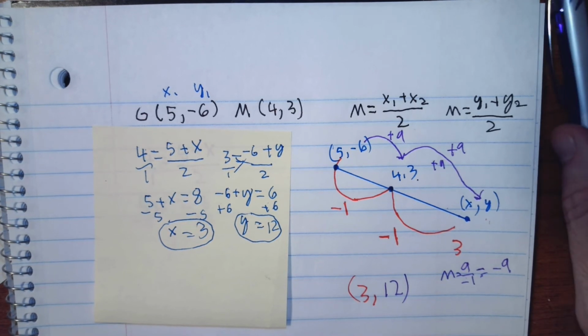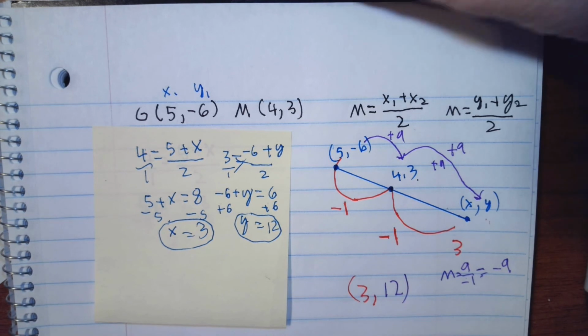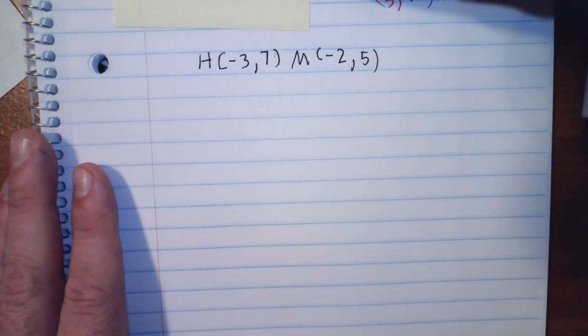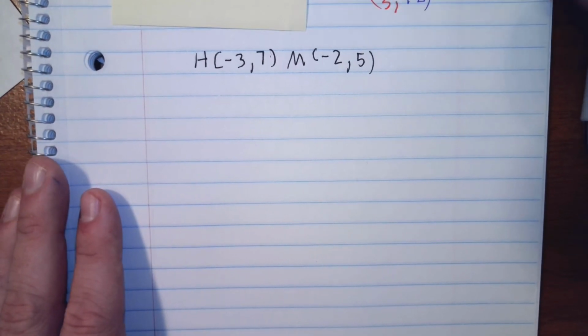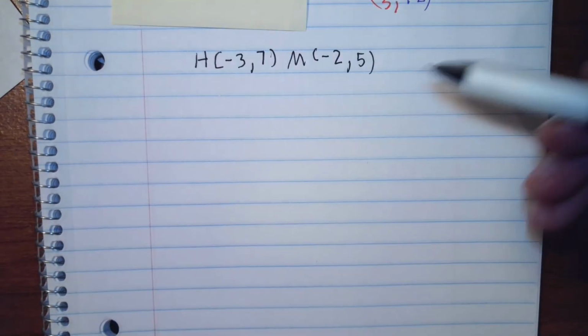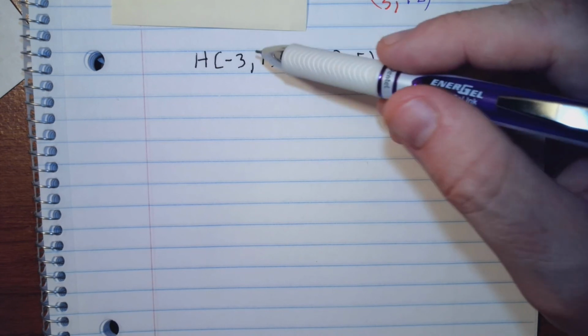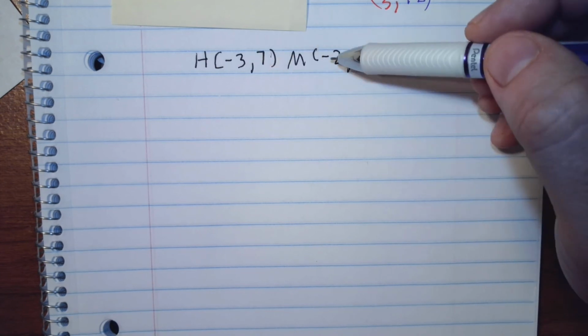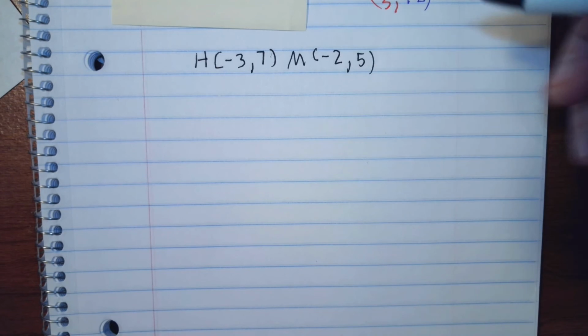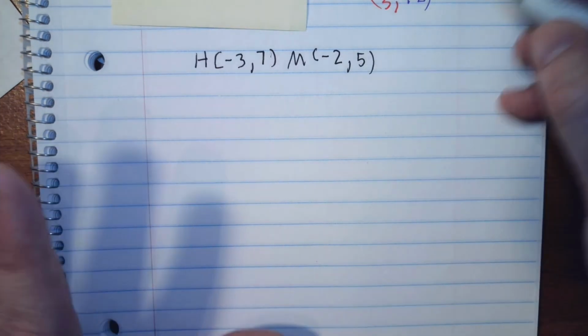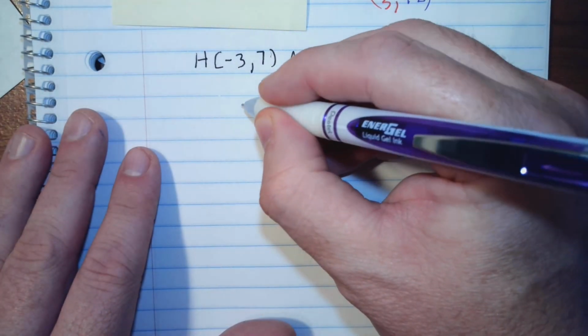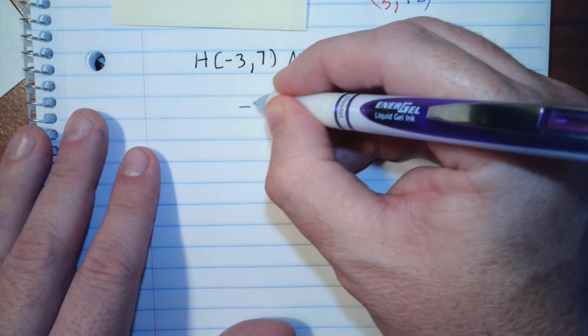Okay, and so this should be the very next problem. I'm going to move my little camera, fly my camera in, and there we go. Okay, again, we got the midpoint, and we got the endpoint. And so I'm just going to start this way. I'm just going to write it like this. So this is my endpoint.